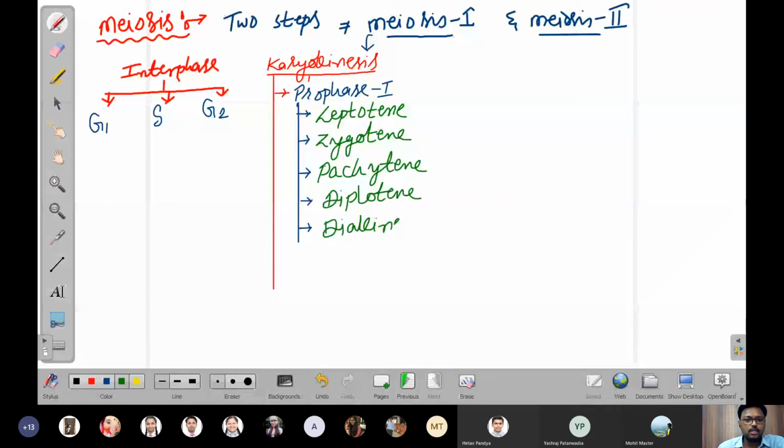Now the sequence should be the same. There can be no change in this sequence. The sequence should always be maintained.